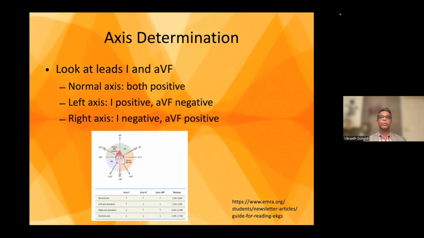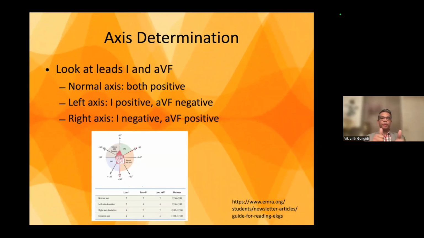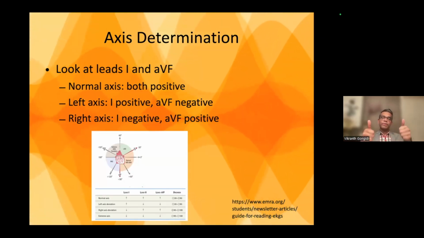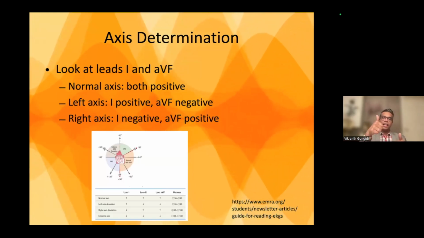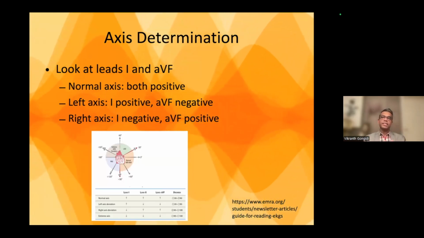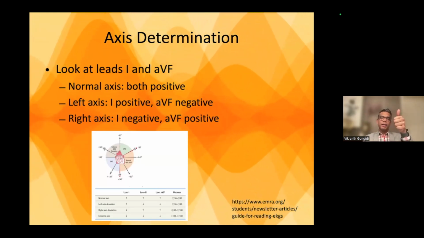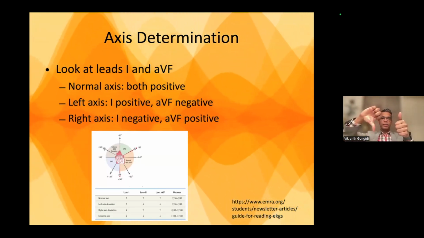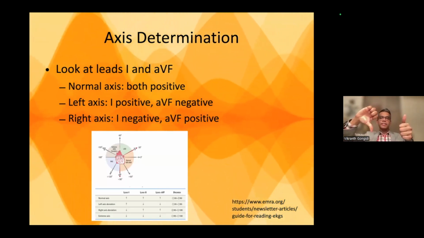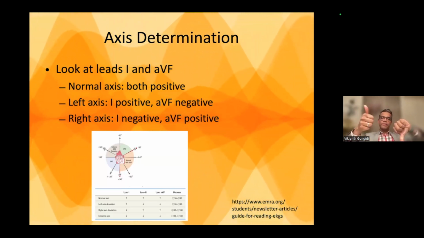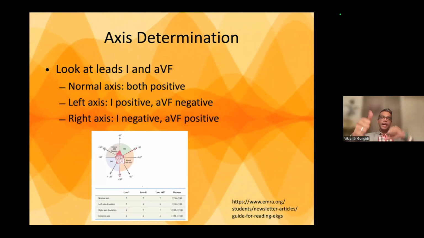I teach the med students, nurses, and my NPs the thumbs up rule. If both one and AVF are up, that's a normal axis. If one is up and AVF is down, that's a left axis. And if one is down and AVF is up, that's a right axis.